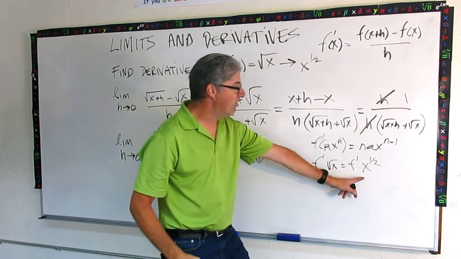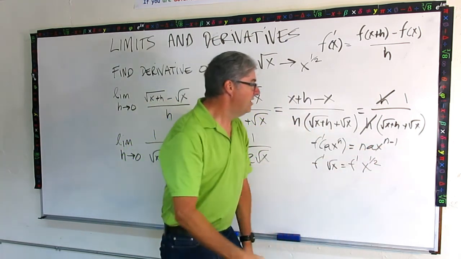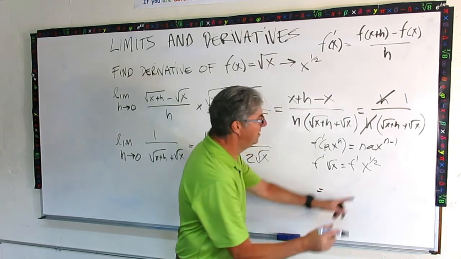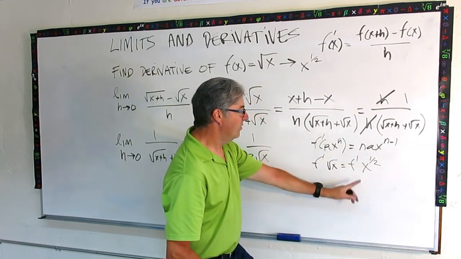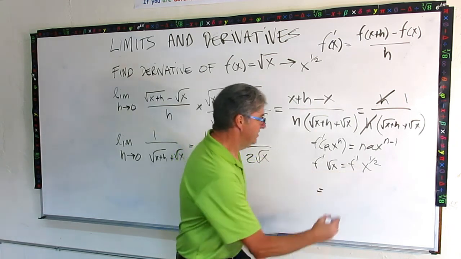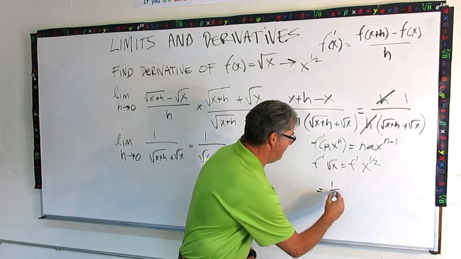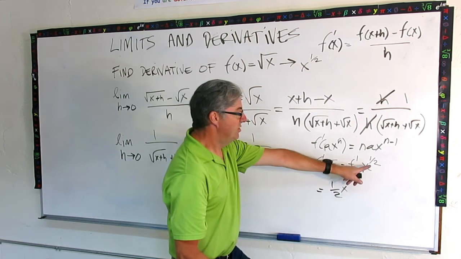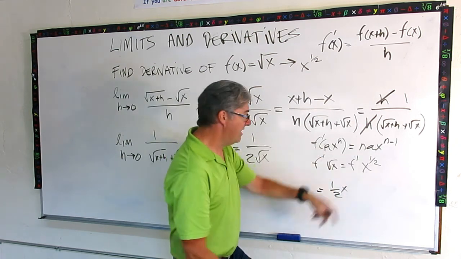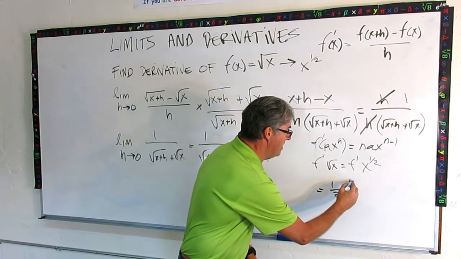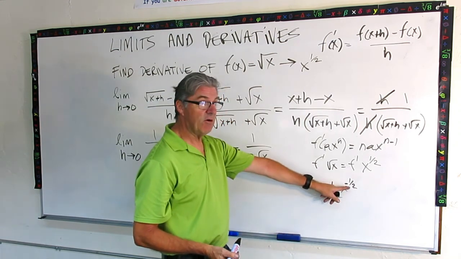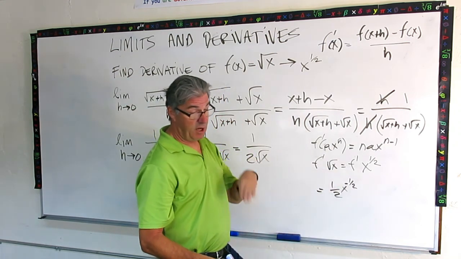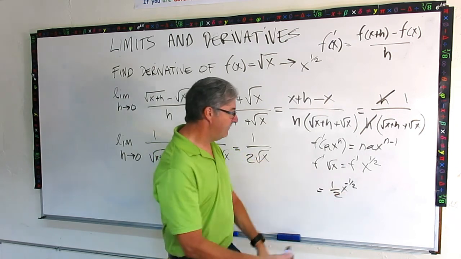Now that we have a power, we can use our rule there. So this is going to be, take the power, multiply it by the a. So we have an a of 1, so this becomes 1/2 x. Now we subtract 1 from our 1/2, so that's the negative 1/2 power. Now we can simplify this further. Negative powers mean you put the variable underneath the fraction bar.